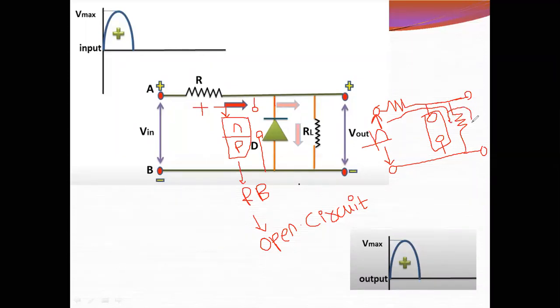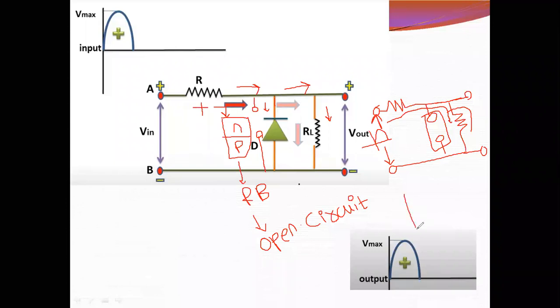Clear? There is one more path here. If the voltage is coming in this direction, then automatically it will go through the load resistance, and there will be a current across the load resistance. Due to that, a voltage will appear.